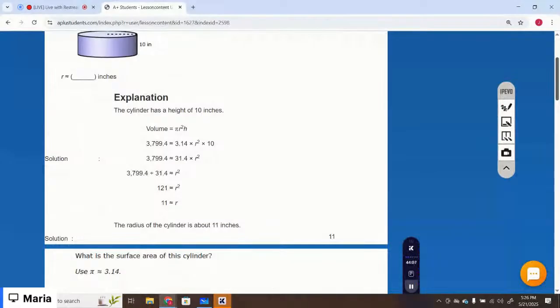That is 3,799.4 equals 3.14 times 10 times r squared. So r equals 11.